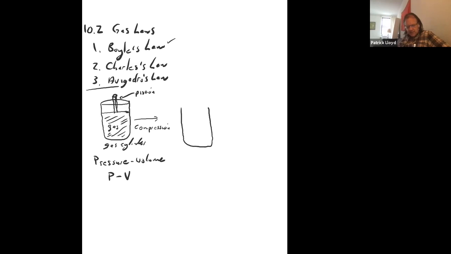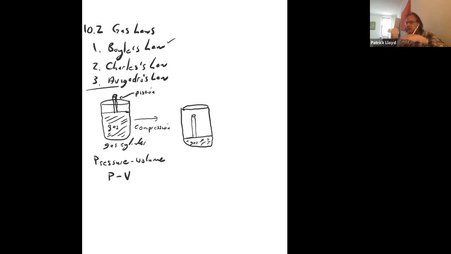Here's what happens. If we compress the gas into a smaller volume, there's your gas now. Well, how do you compress a gas? You have to push down on it, right? So you have to increase the pressure.